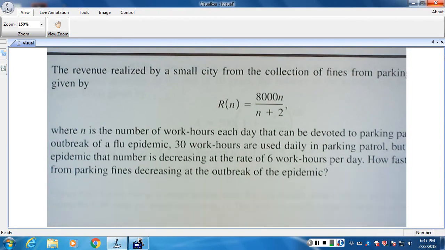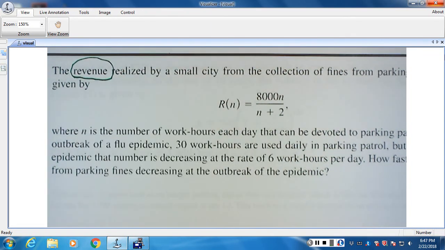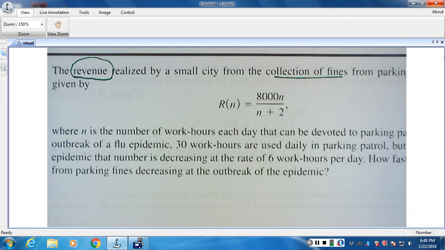First of all, this is a revenue equation. We're talking about money. This is the revenue equation for a city, and it's the revenue from where they've collected fines from parking tickets. It's a source of income for the city to maintain their parking lots.